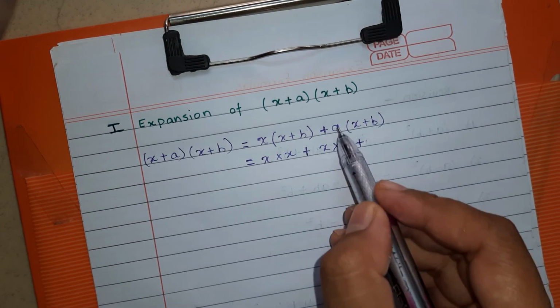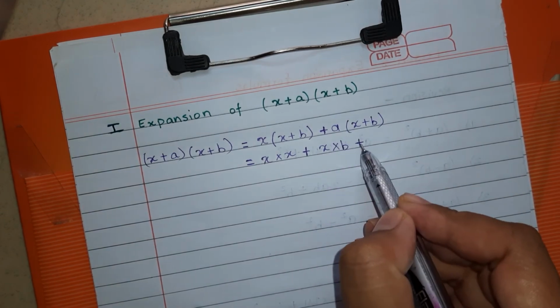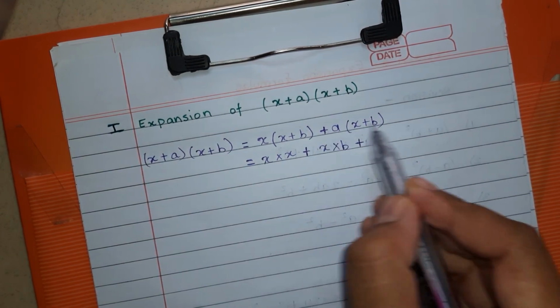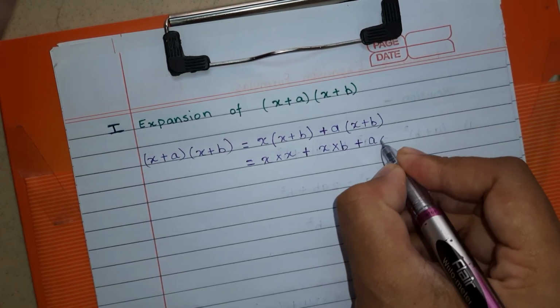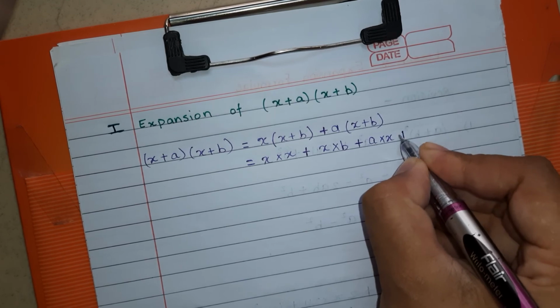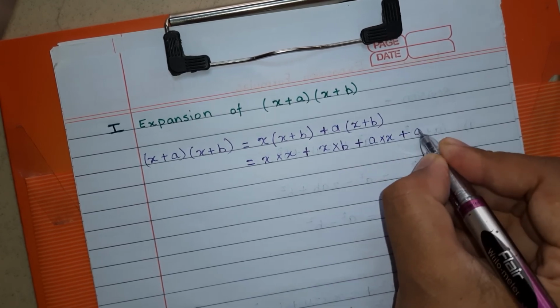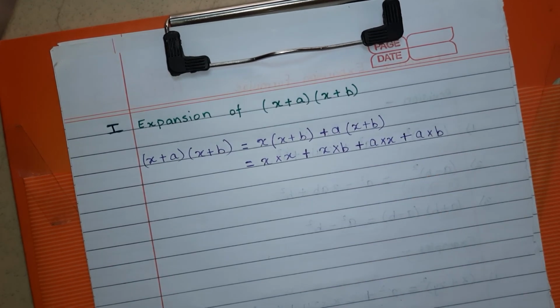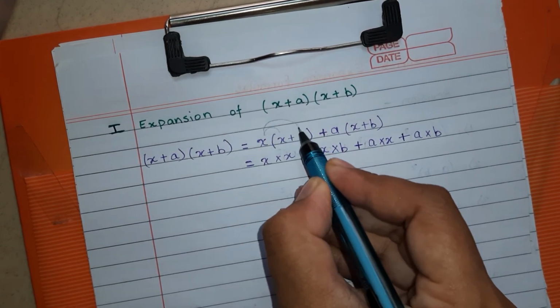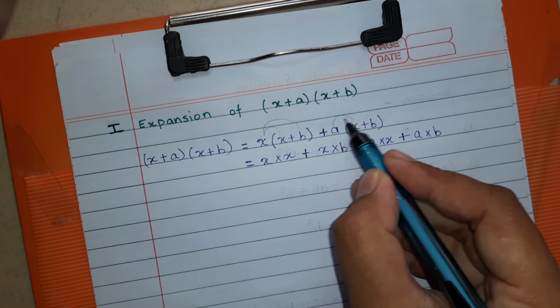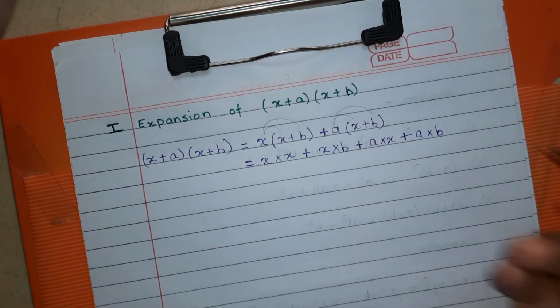So positive into positive will be positive, and again positive into positive will be positive. So a into x plus a into b. Understood this much? Here x into x and x into b, then a into x and a into b.